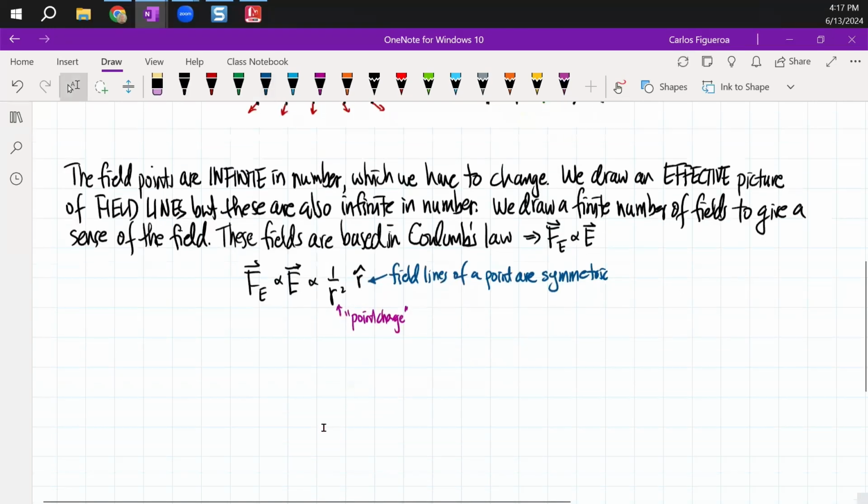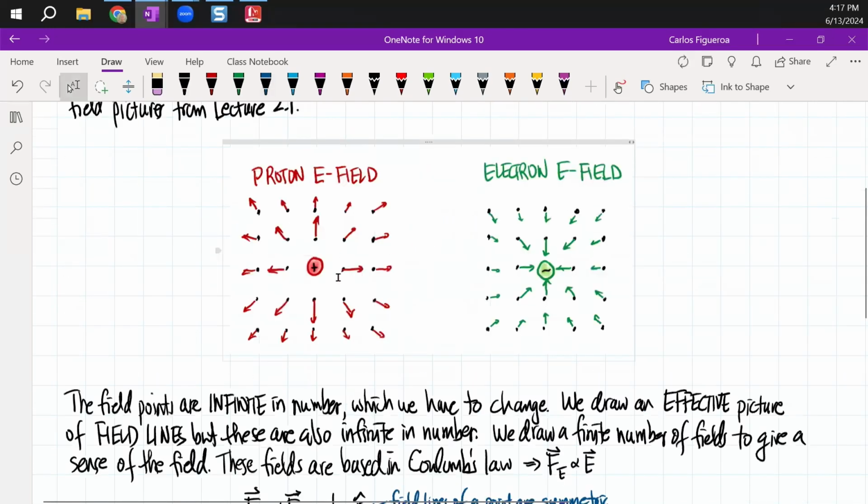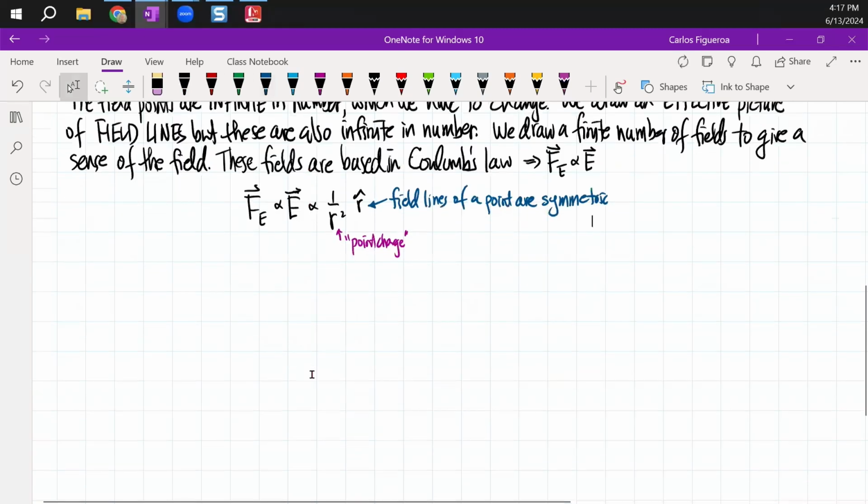So when I think about a field, instead of drawing this atrocious picture, we come in here and draw a charge. And over here, I'll draw a negative charge. They have to have different colors, or they have different fields.